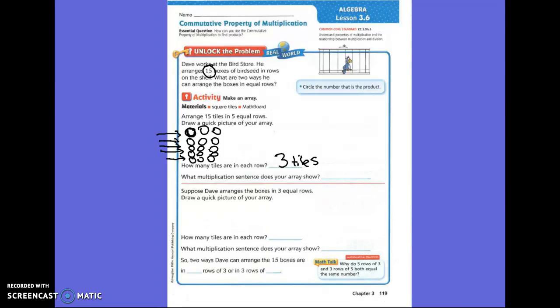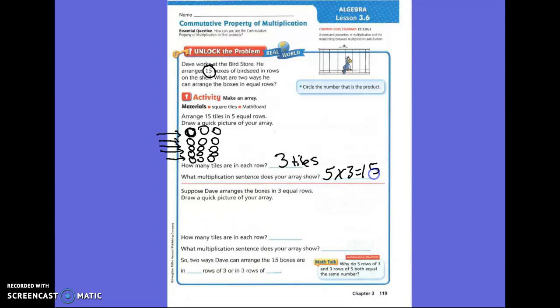So what multiplication sentence does our array show right now? Aubrey? 5. Yes. What else? What's the other factor? 5 times 3 equals.